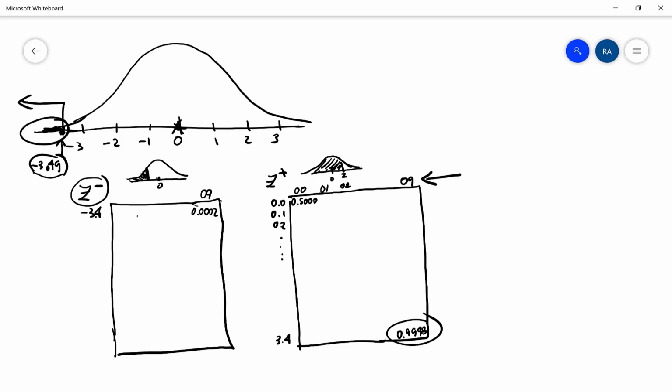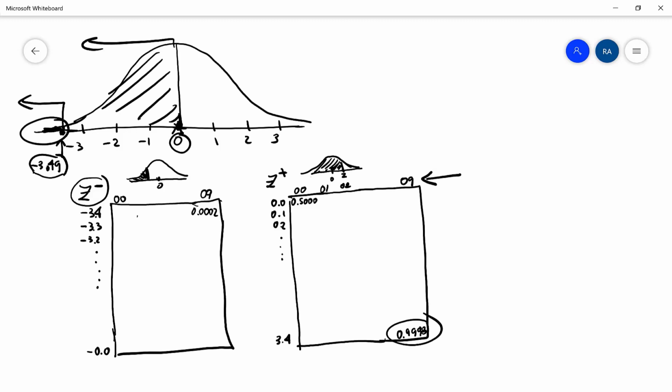And this table finishes here in 0. We have negative 3.4 here, negative 3.3 here, negative 3.2 here, until negative 0.00. Then this area to the left of 0 exactly must be 0.5000. 50% of the values are located to the left of the mean.